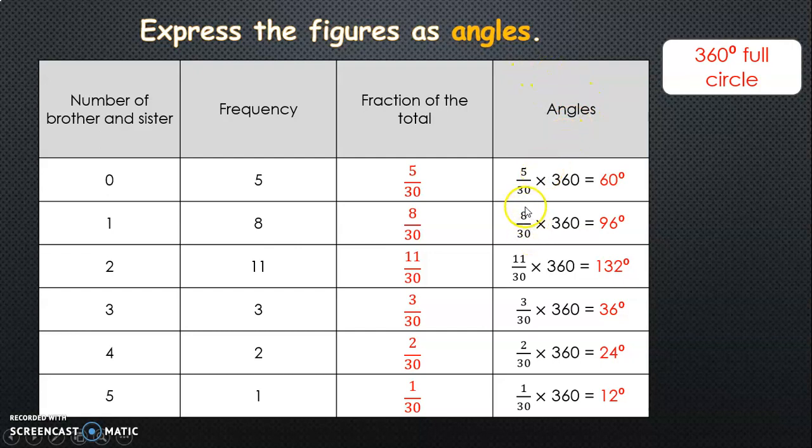Then, the same, get the fraction of the total, multiply it by 360 degrees, so it is equal to 96 degrees. The same thing with the others you need to do. Again, I repeat, when we want to get it in angles, multiply it by 360. Now, let us do it in a pie chart.